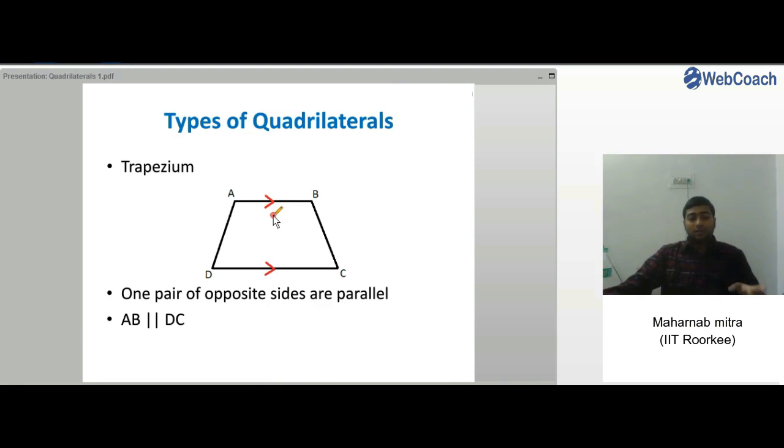So such figures with only one pair of parallel sides are called trapezium, right? And if the other two sides become parallel to each other, that figure is called something else. We will look at it, but keep in mind what a trapezium is. Trapeziums are those figures which have only one pair of opposite sides parallel.